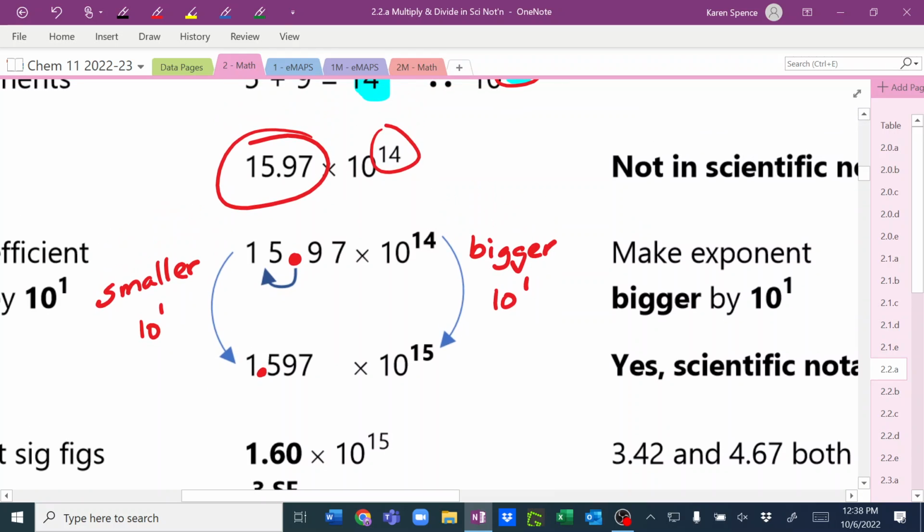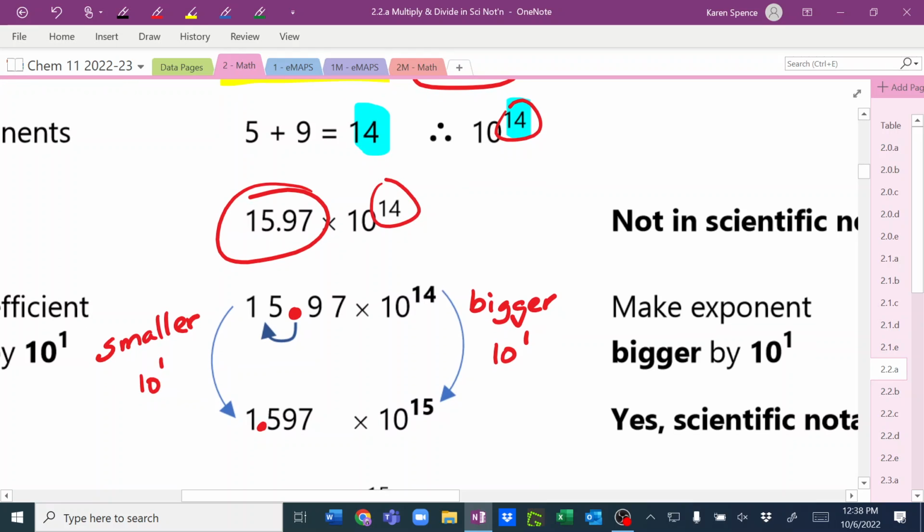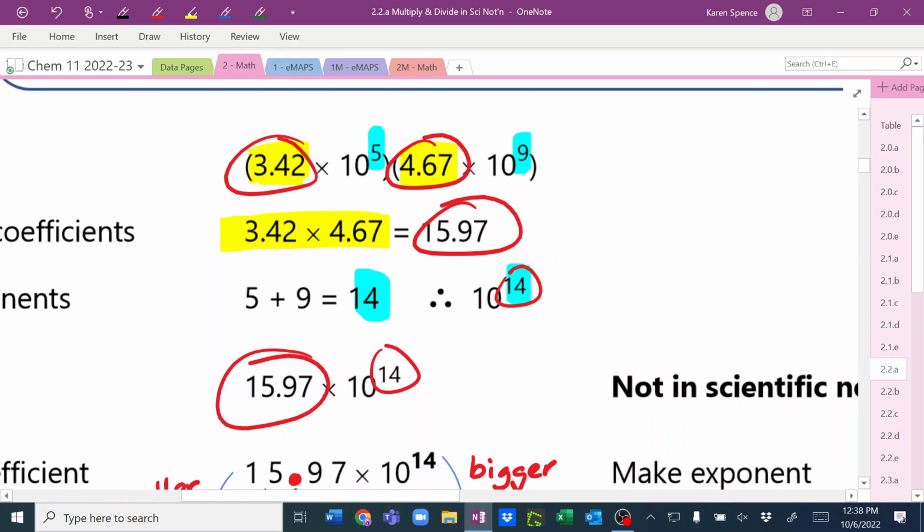And now we need to look at our Sig Figs. So we go back to our original numbers. And remember, when you're looking at Sig Figs, you can just ignore the powers of 10. So when we look here, we have 3 Sig Figs and 3 Sig Figs.